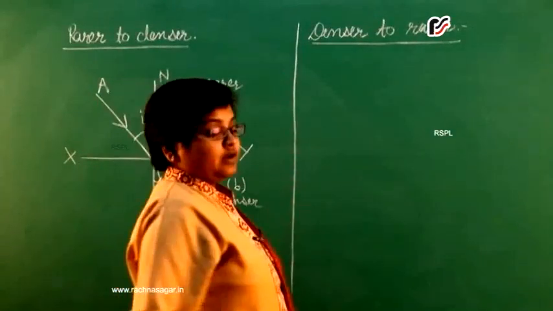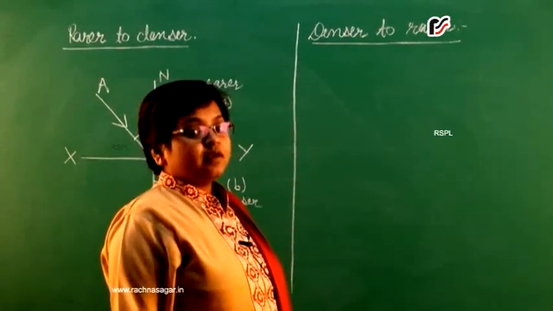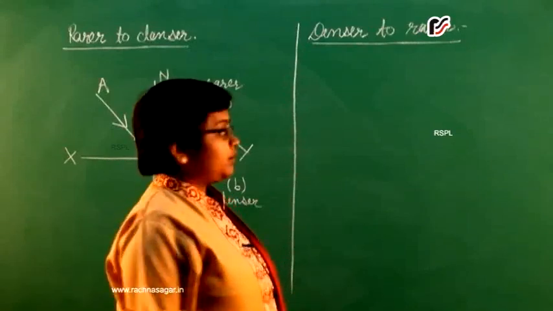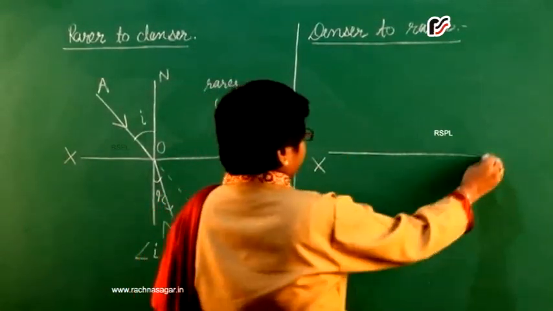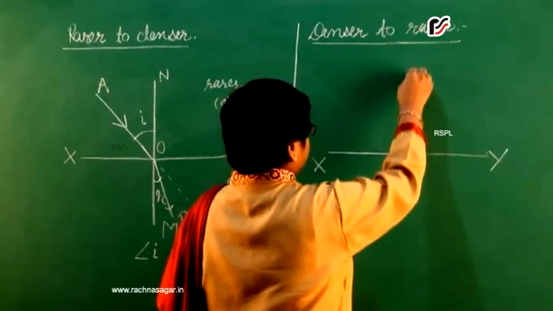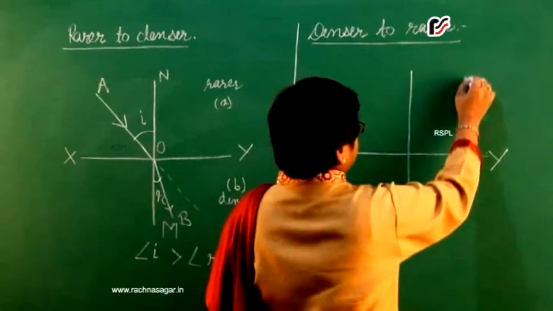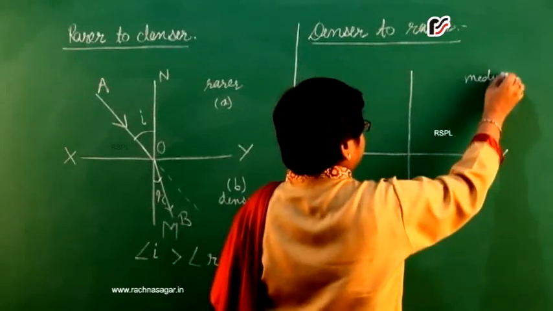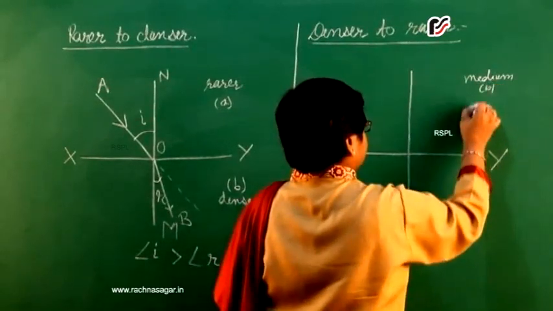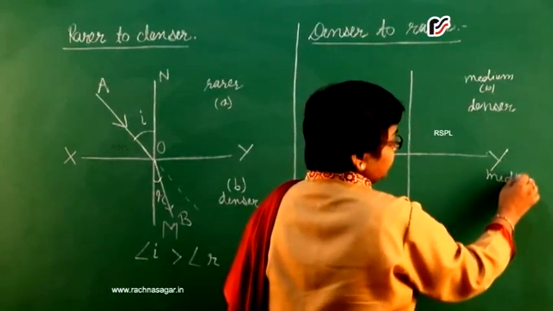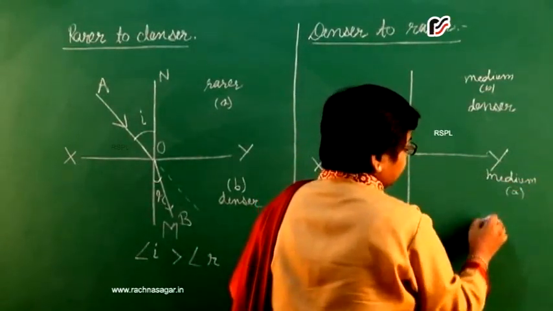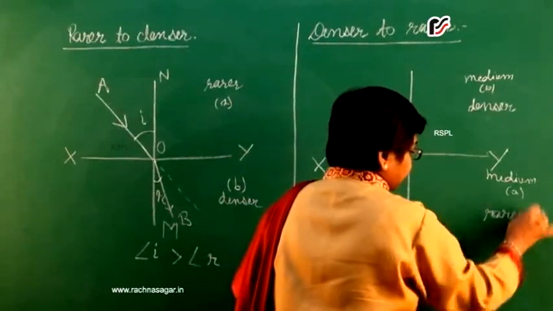Now case 2, when the ray of light passes from denser to rarer medium. This is the interface. Let this medium be denser, and this medium be rarer.